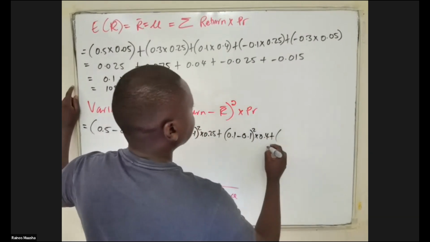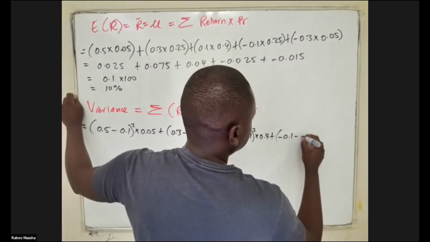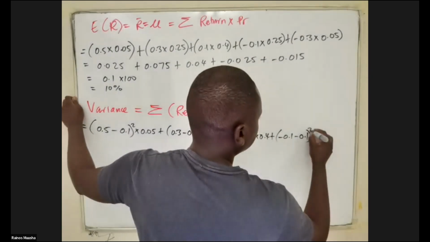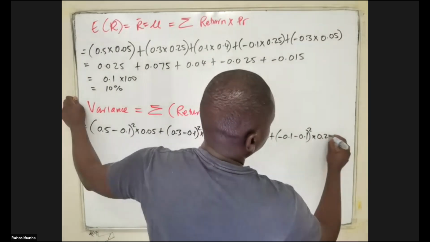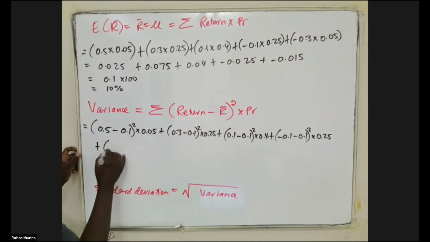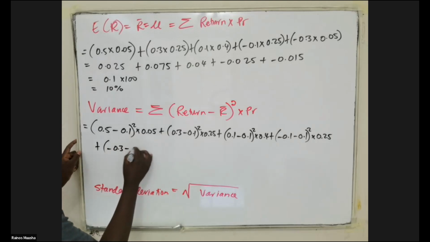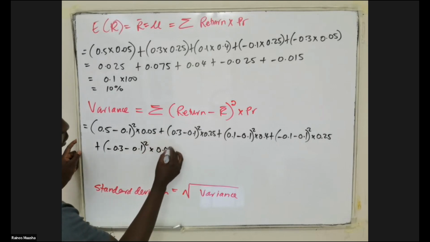Plus, the next scenario, your return is minus 0.1, the expected return is 0.1, squared, multiplied by the probability of 0.25. Plus, the next scenario, your return is minus 0.3, your expected return is 0.1, squared, multiplied by the probability of 0.05.